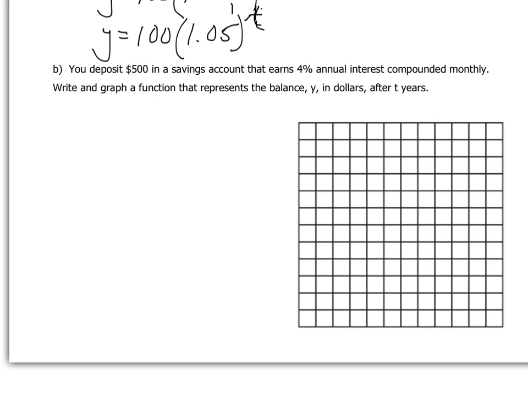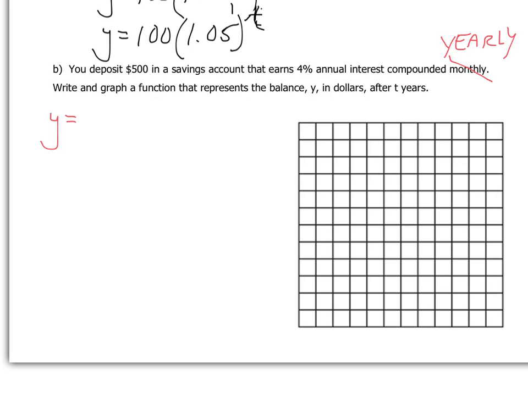In this example, we have a deposit of $500 in our savings account where we are making 4% annual interest, and it says compounded monthly here, but I'm going to change that to compounded yearly, because I do think that's what your note sheet says, so just ignore this. What we want to do is write and graph a function that represents the balance y in dollars after t years. So again, we want to go to our formula.